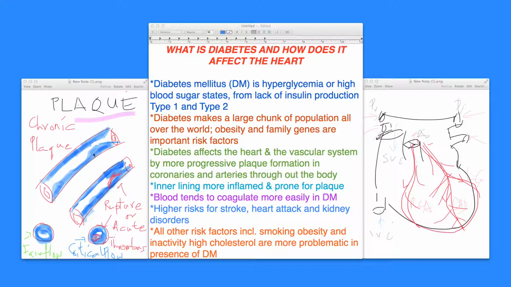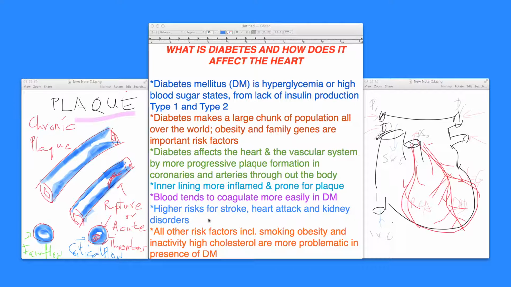So one thing for sure, these patients who develop increased plaque formation have an increased tendency because of the following. One, their blood tends to have an inflammatory component to it. And because the blood has a marker called C-reactive protein, which is present, and their LDL is high, the inner lining of the arteries tends to be more prone to plaque formation in a setting of diabetes.